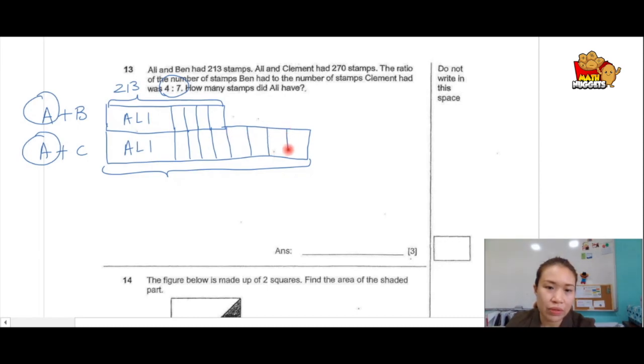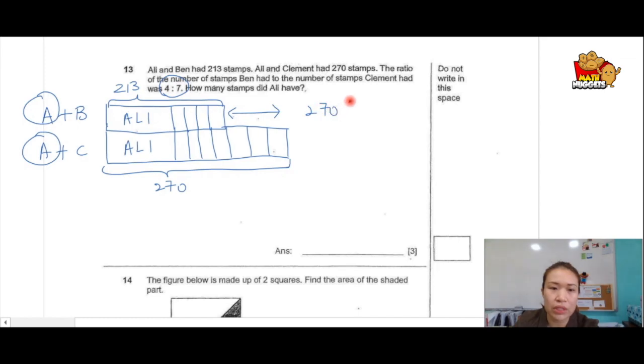3, 4, 5, 6, 7. Okay, it's a bit too long. Let me just change it. Like that. So from the model, we know that we're able to find the difference. The difference is here.